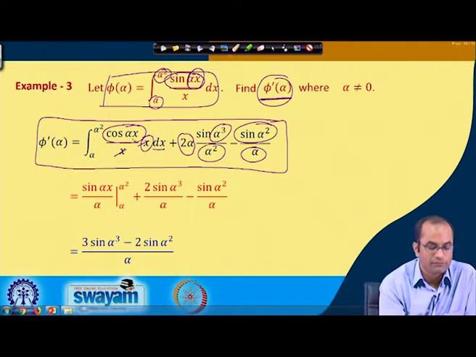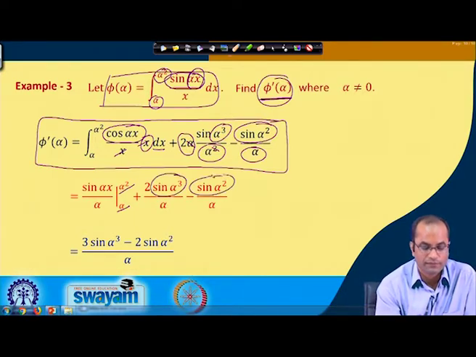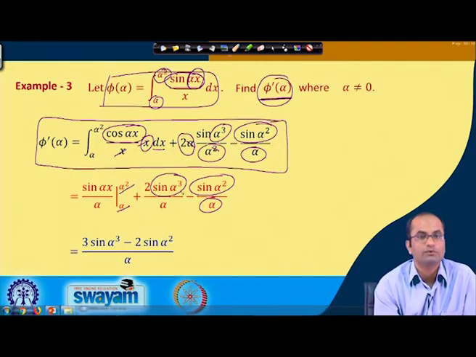So, the integral of cos alpha x will be sin alpha x over alpha, with the limit alpha to alpha square, plus this 2 alpha. So, this alpha also gets cancelled here, 2 over alpha and sin alpha cube, and here we have sin alpha square over alpha. Now, when we put the upper limit, we will get sin alpha cube by alpha. Here also we have 2 times sin alpha cube over alpha.